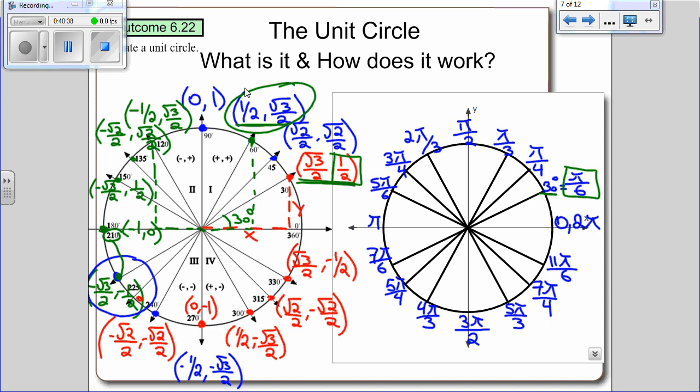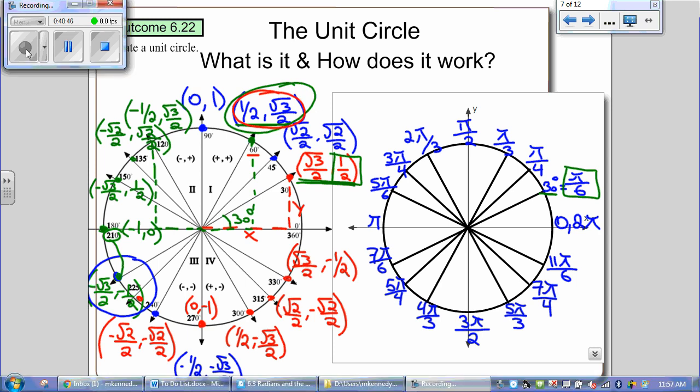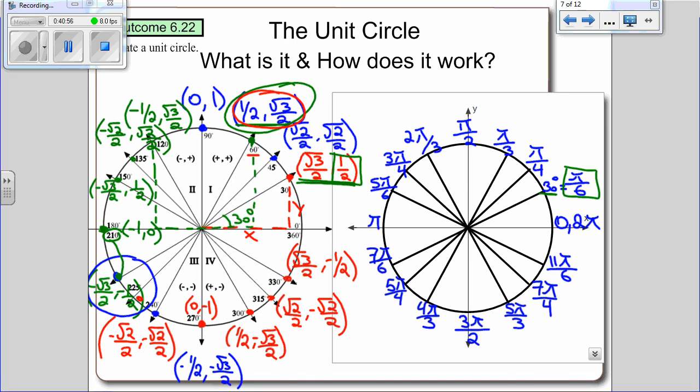The opposite is root 3 over 2, and my hypotenuse is 1. Root 3 over 2 divided by 1 is still just root 3 over 2. What you should be noticing is that sine gives you your y value from your unit circle.